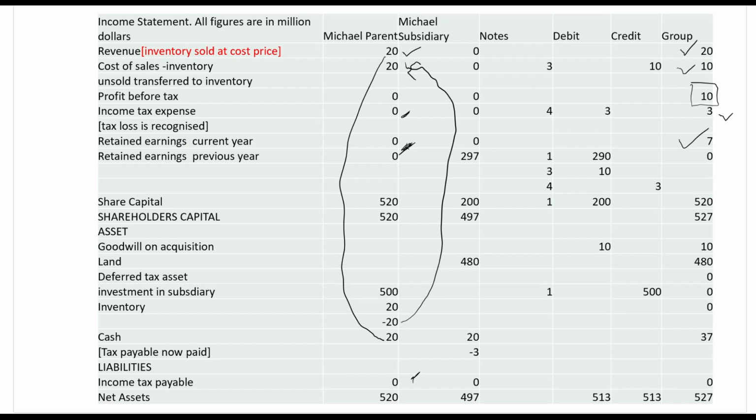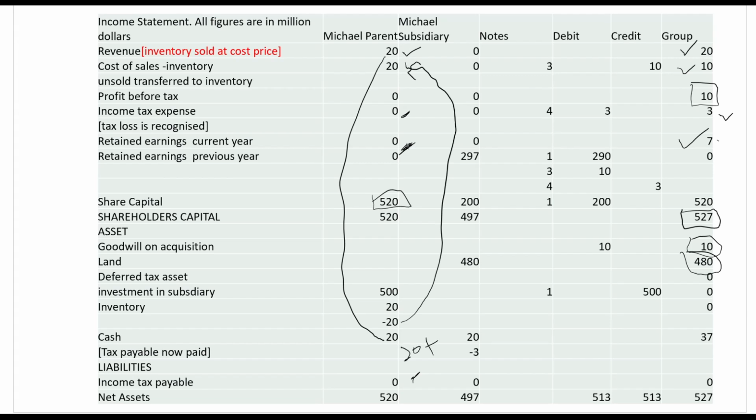And because the profit is 7 million and the share capital of the group is 520 million, the shareholders' equity in the group becomes 527 million. On the asset side, there's goodwill on consolidation 10 million, land 480 million, and then the cash, because the inventory is now sold, and there's 20 million of inventory that was sold and cash received.